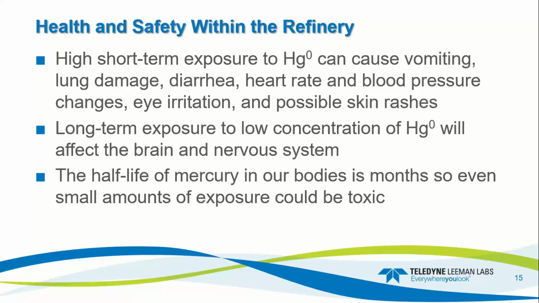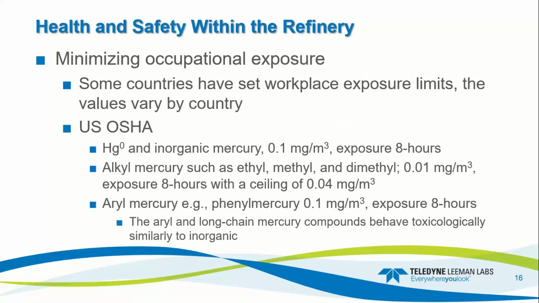On the other side of it, long-term exposure to low concentrations of elemental mercury can affect the brain and the nervous system. The half-life of mercury in our bodies is in months, so even small amounts of exposure can be very toxic to the workforce and the employees in the refineries themselves.